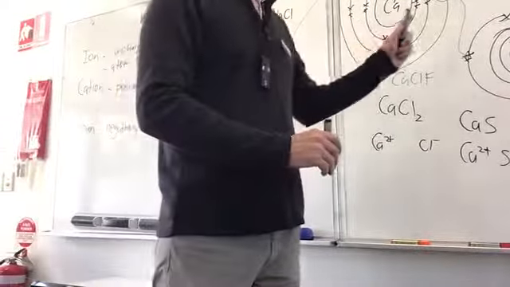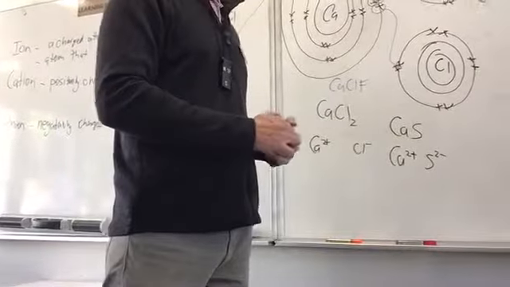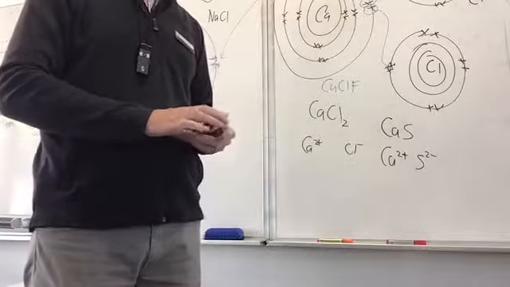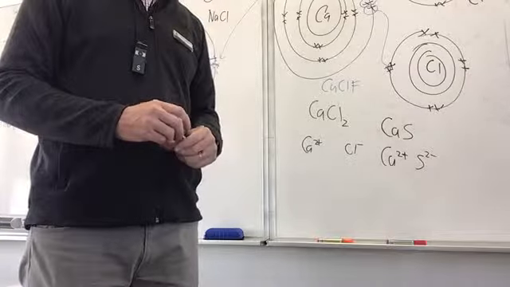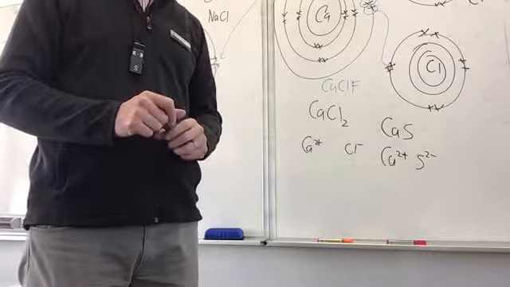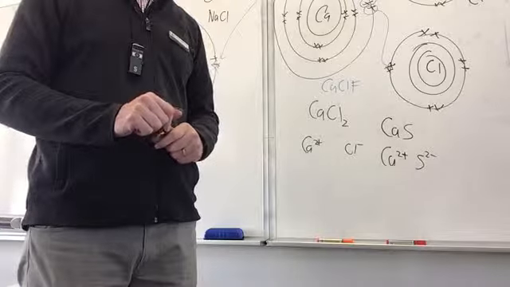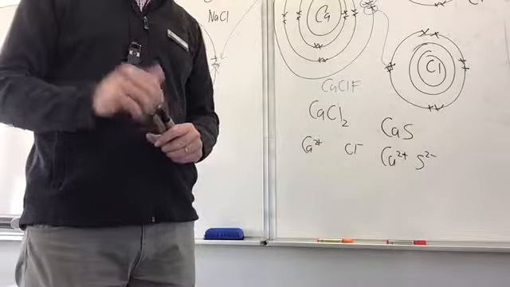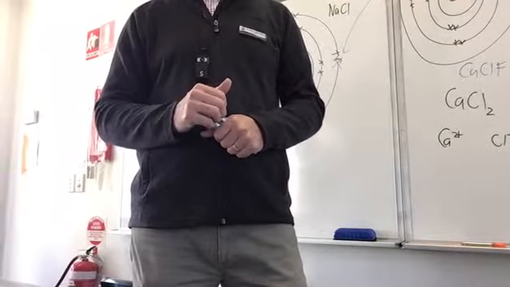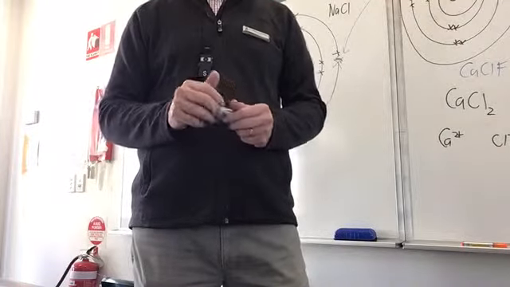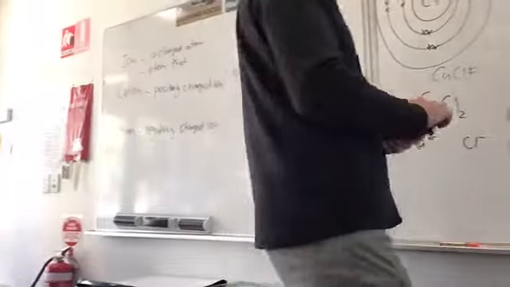So if we've got oxygen, what kind of an ion does oxygen form? Have a look on your periodic table. What would the ion be for oxygen? It's an oxide ion. What would its charge be? It'll be negative. Negative what? Negative 2.